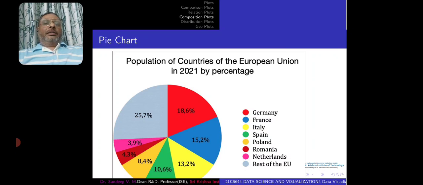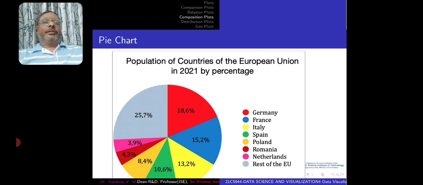The red color talks about Germany. It says 18.6% of the European Union population is residing in Germany. 15.2% of the population is in France. 25.7% is in the rest of the European Union, and so on. Some important countries are listed here and the rest are all grouped together as rest of the EU.